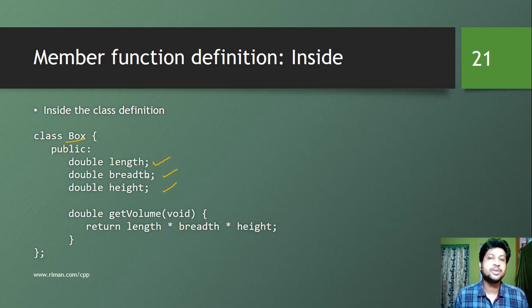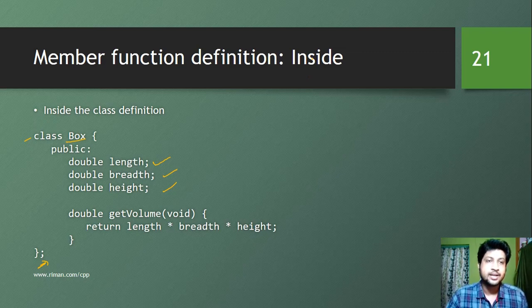As this is a member function, it can only manipulate the data inside this class. Here the class definition starts and here it ends, and we have defined the getVolume function inside the class.